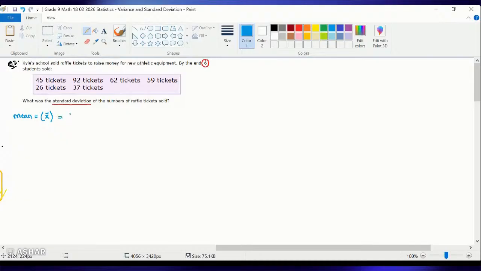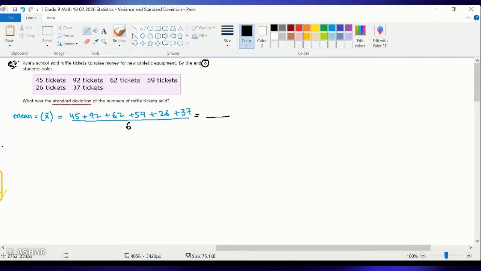So 45 plus 92 plus 62 plus 59 plus 26 plus 37, and there were a total of 6 students, right? Let's add them together.